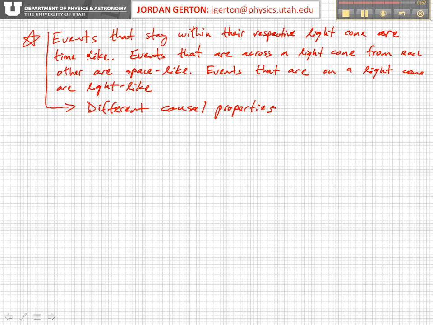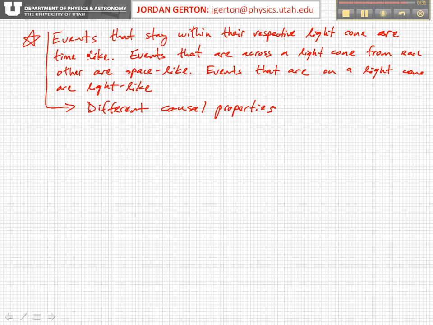events that stay within their respective light cones are time-like. Events that are across the respective light cones from one another are space-like, and events that are on a light cone are light-like. The basic differences between these categorizations are that they have different causal properties.